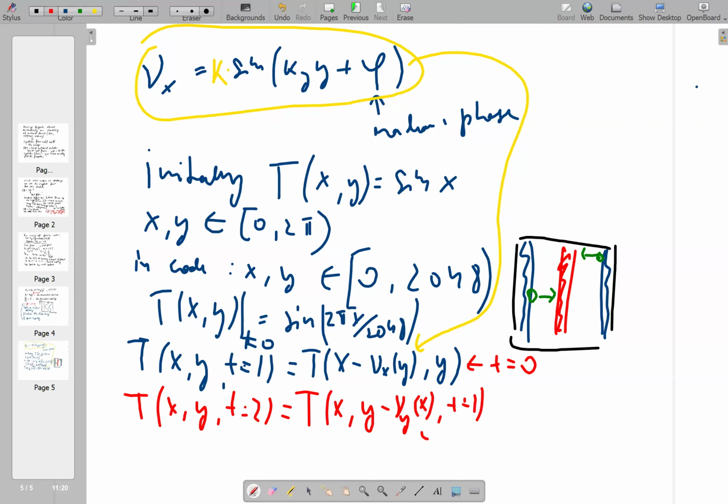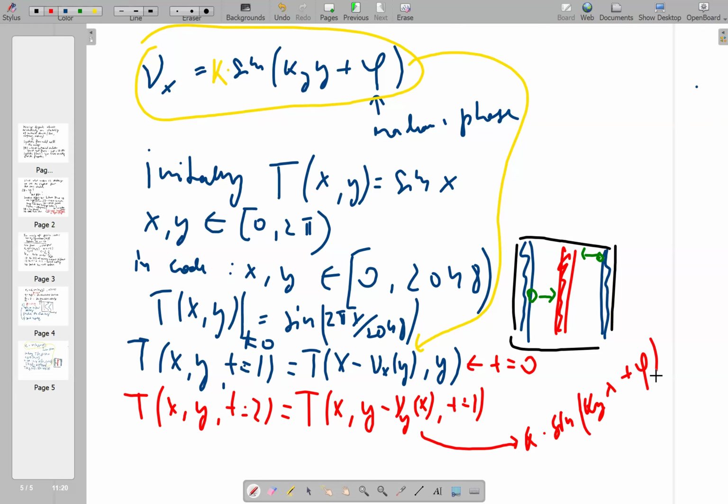And now if you ask what is this, it is the same thing as over there, but change k times sine of k. We keep the same wave vector ky times x plus 5. But what is ky?